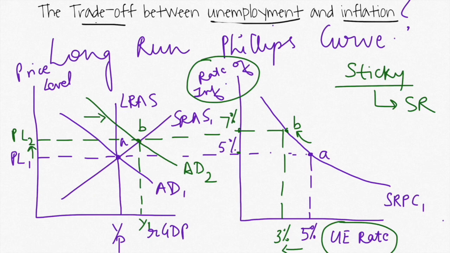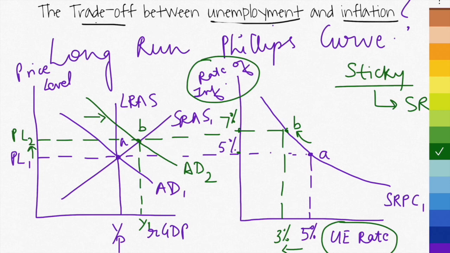But in the long run, now, after a point of time, wages are going to increase. Now, wages are an important cost of production for firms. So when wages increase, firms' cost of production is going to increase. And now when firms' cost of production increases, they are going to decrease the short-run aggregate supply.